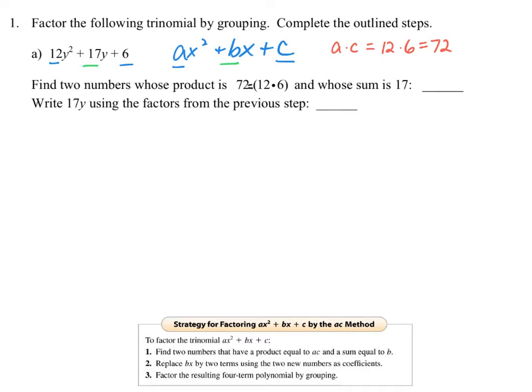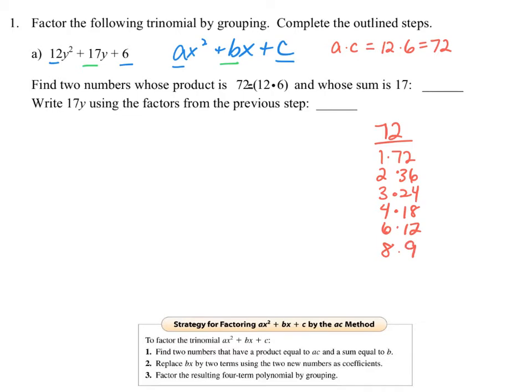So let's list out all the pairs of factors of 72. 72 is 1 times 72, 2 times 36, 3 times 24, 4 times 18, 6 times 12, and 8 times 9. Sorry about that.